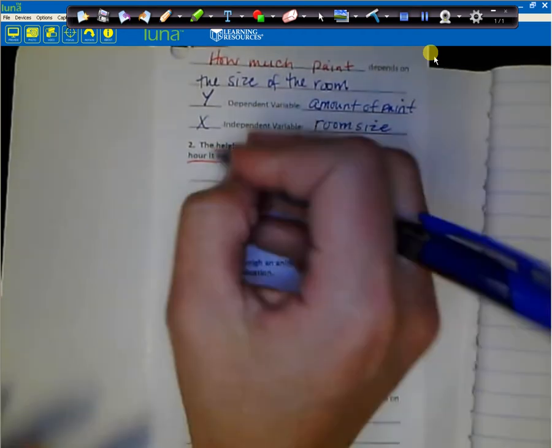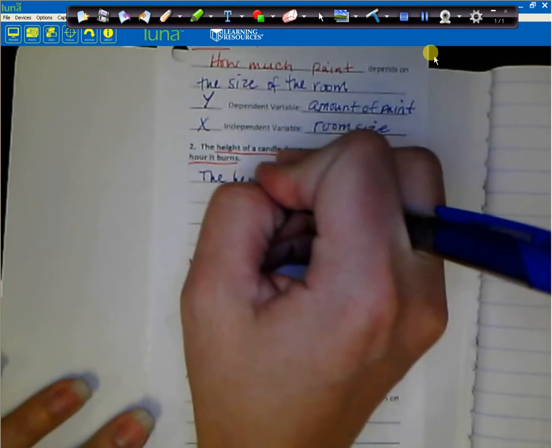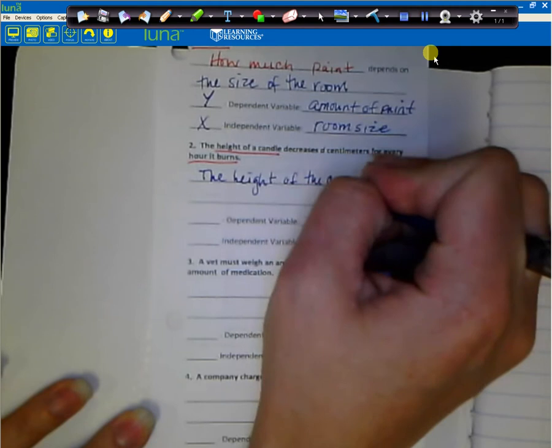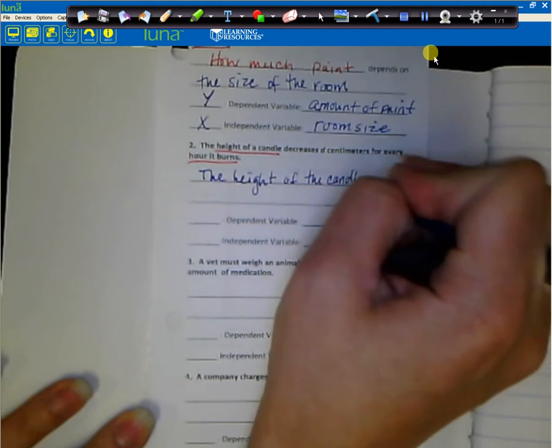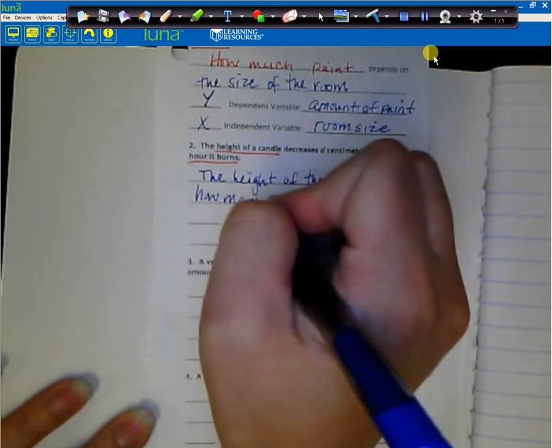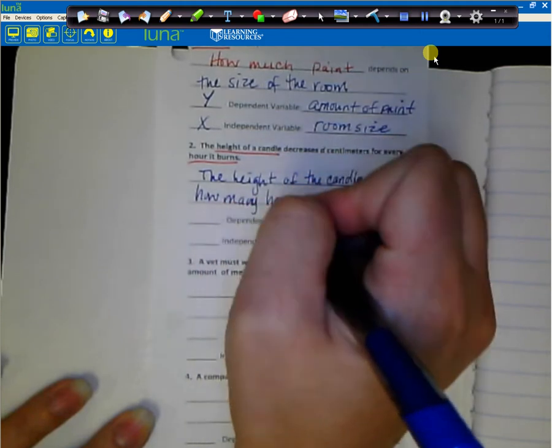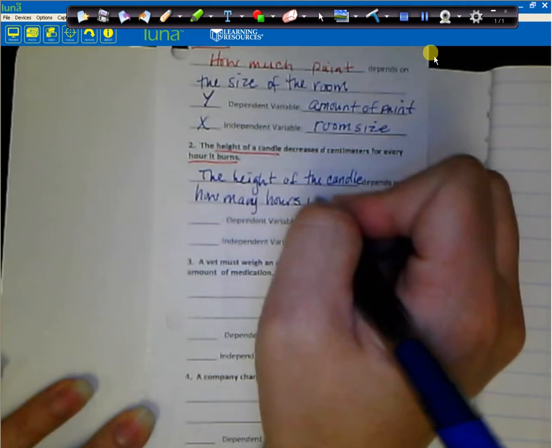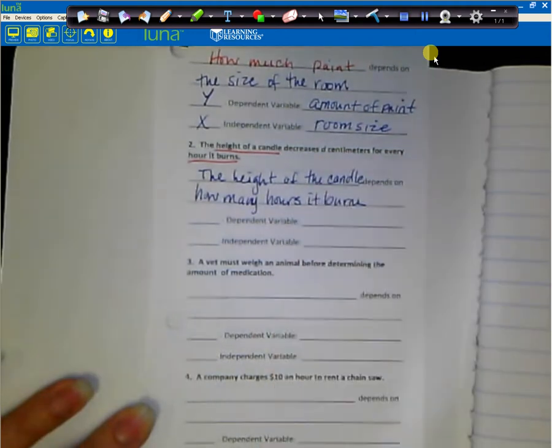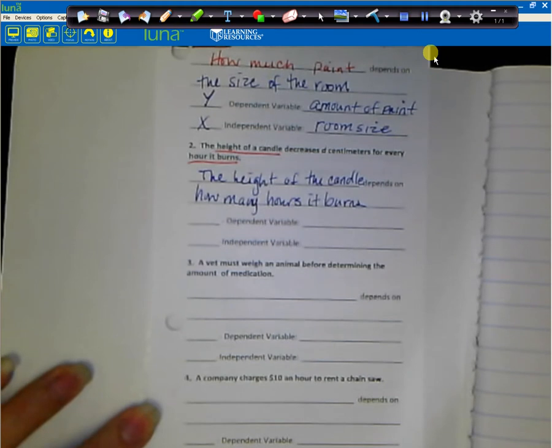So the height of the candle depends on how many hours it burns. The height of the candle depends on how many hours it burns.